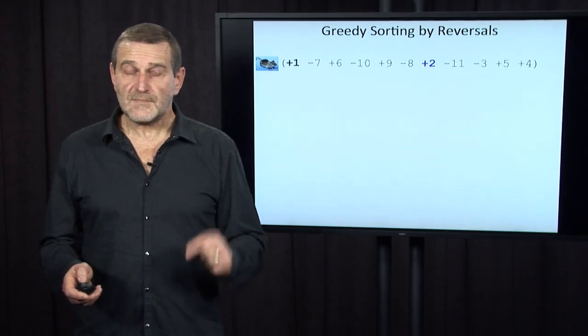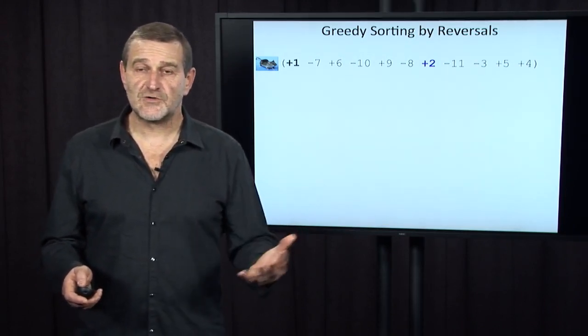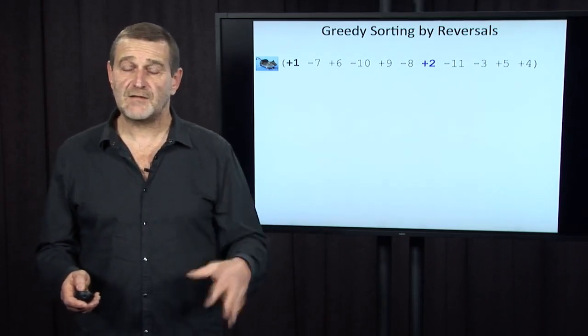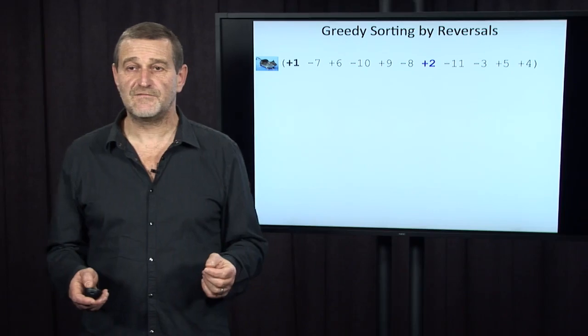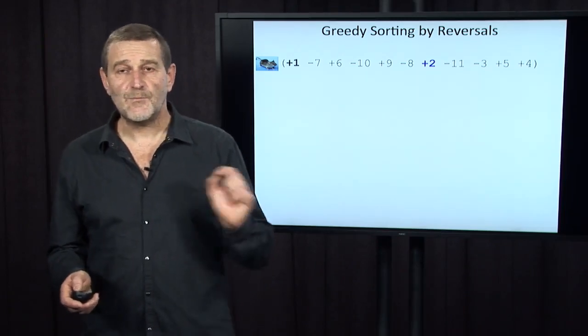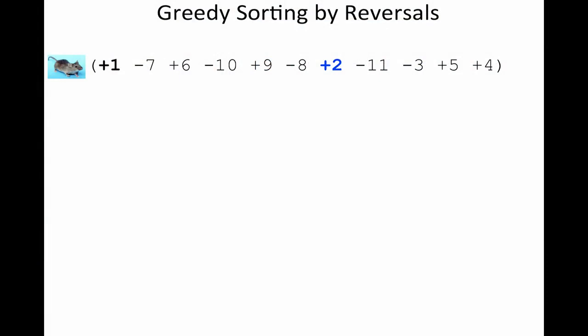Now, what would be the most natural algorithm for sorting by reversals? I'm not saying a good algorithm, but the most natural one. Let's look at this mouse permutation for the X chromosome. +1 is already at the right position in this permutation, but +2 is not. However, we can use a reversal shown in bold here to bring +2 to the right position.